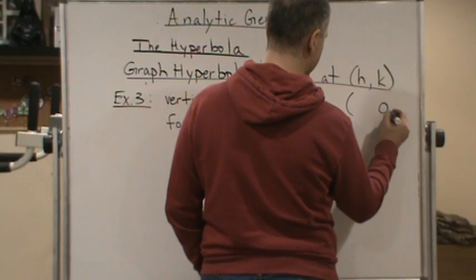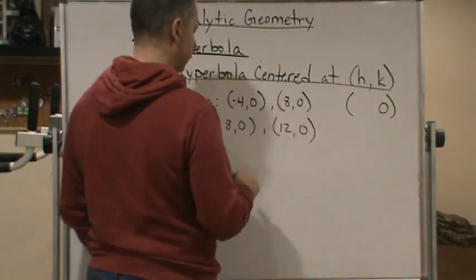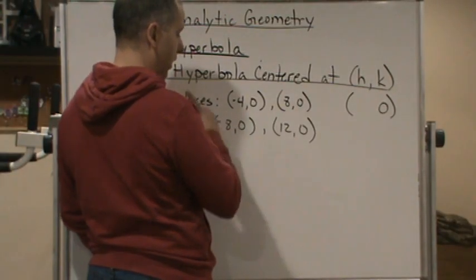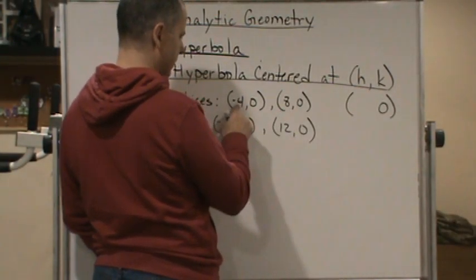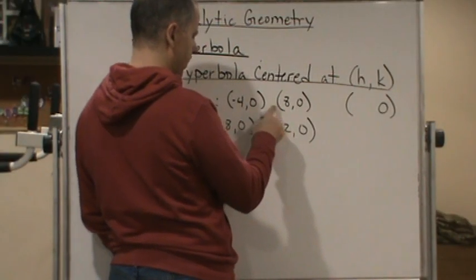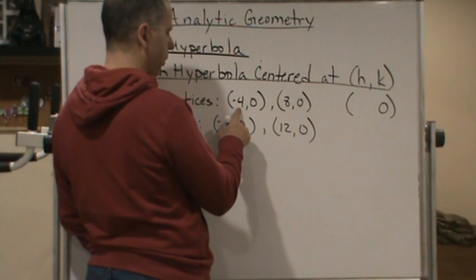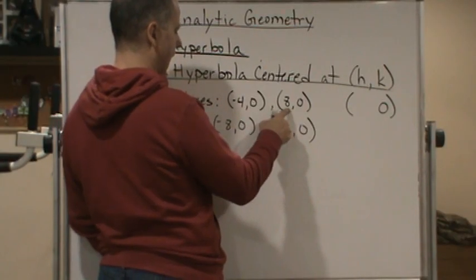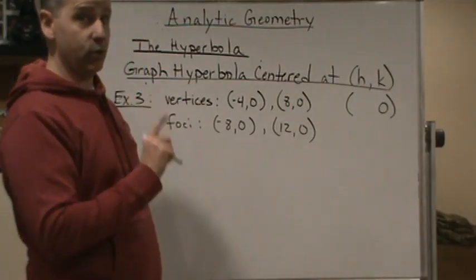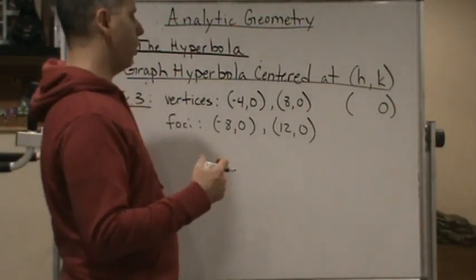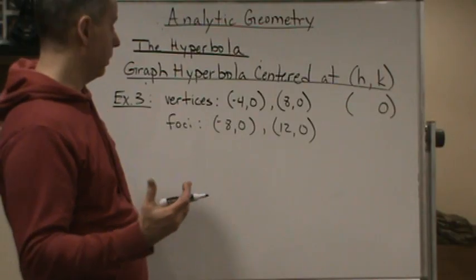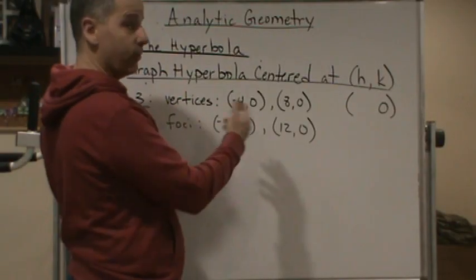Well, we find the midpoint of the x values. So this is 8 units away from the origin. This is 4 units away from the origin. If we add these distances, that gives us 12. 12 divided by 2 is 6. So we know it's 6 units from either vertex.